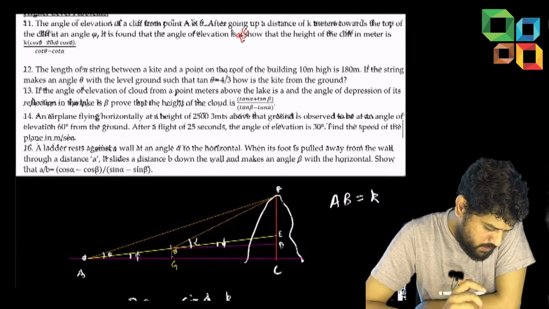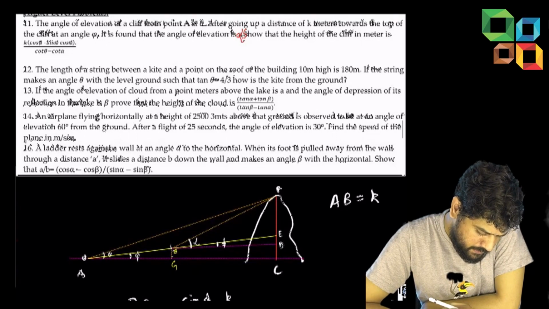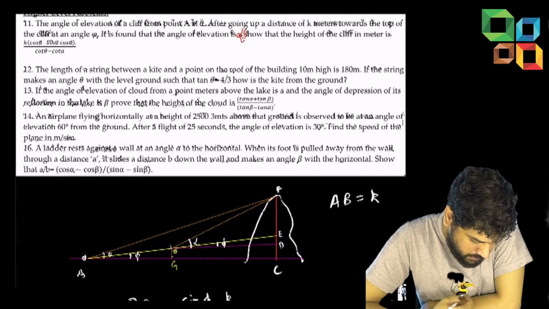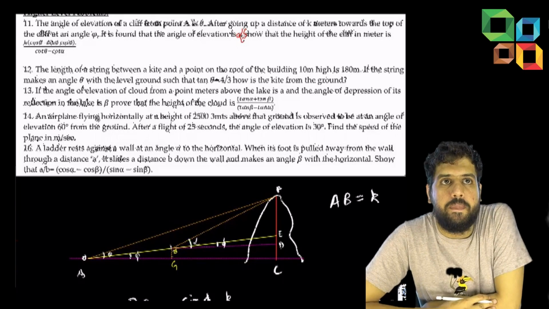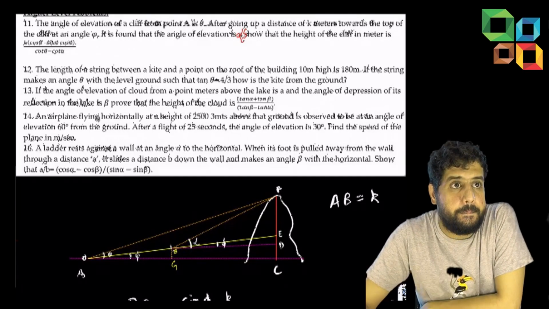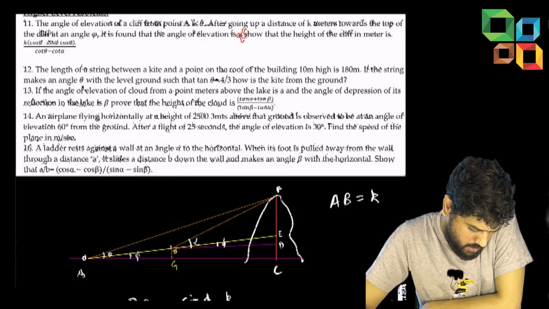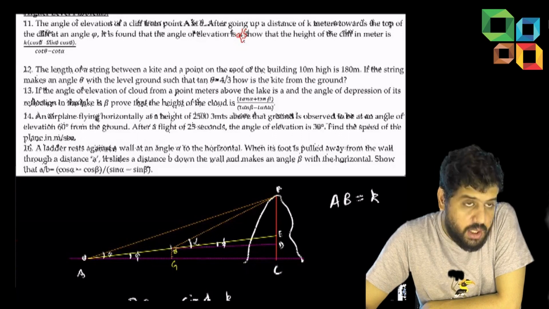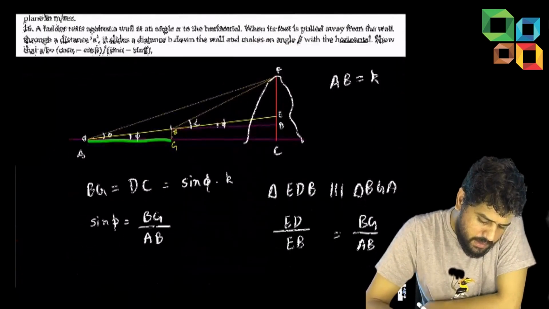We have not made use of this, no? Theta. Alpha also we have not made use of. Yeah, AG we can find, that's fine.